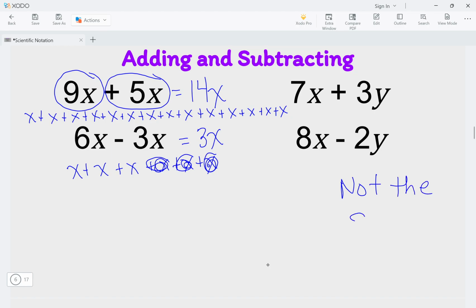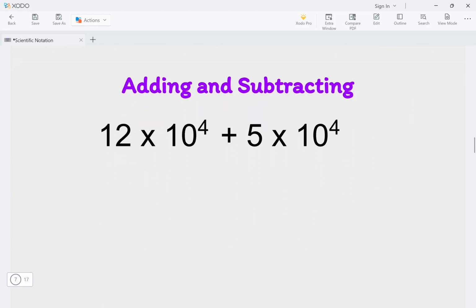Now, I want you to think about that when we talk about adding and subtracting scientific notation. So this is my first number in scientific notation, and this is my second number in scientific notation.